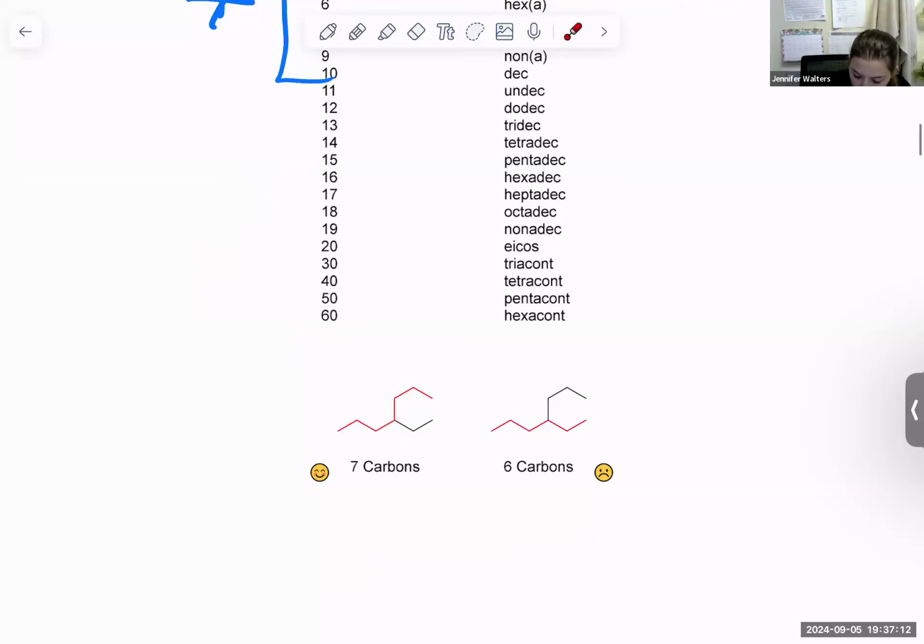If I just go straight left to right, I get 1, 2, 3, 4, 5, 6 carbons, highlighting across. So that is fewer. So that is not my backbone just going straight across. I had to go up this way. If I were to check up here and I go 1, 2, 3, 4, 5, 6, that is still 6 carbons. That still is not my backbone. So I want to check all possible pathways. The longest one determines my backbone.